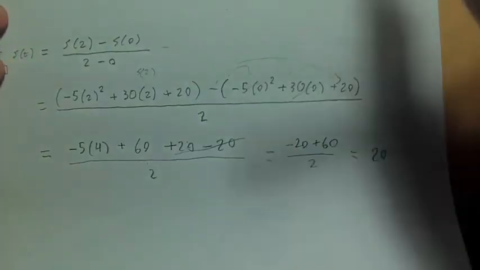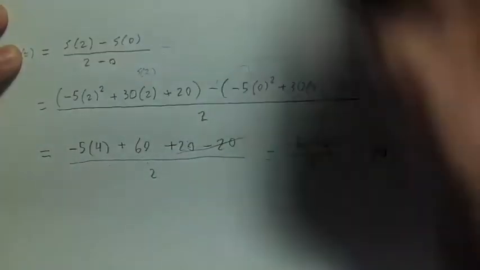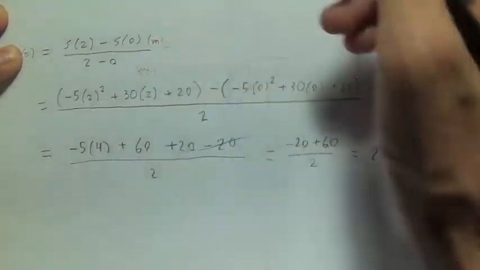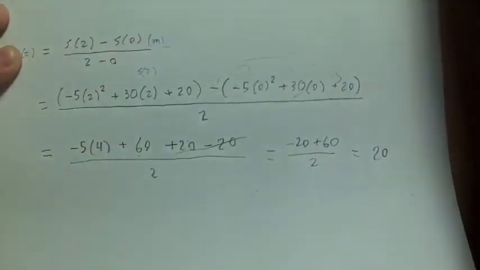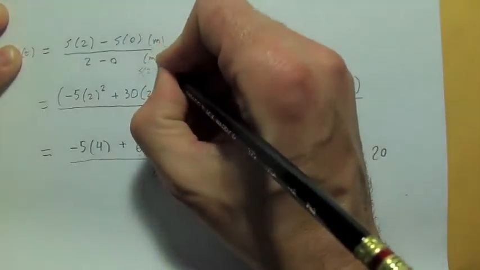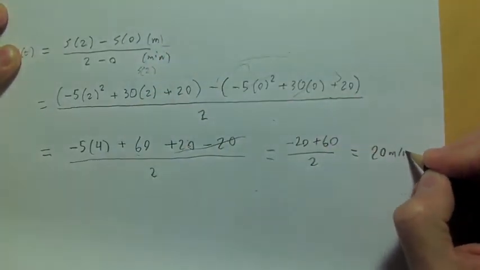And 20 what? Well, the units of s were in meters, so s was on top. And the unit of t is in minutes. So it's meters per minute.